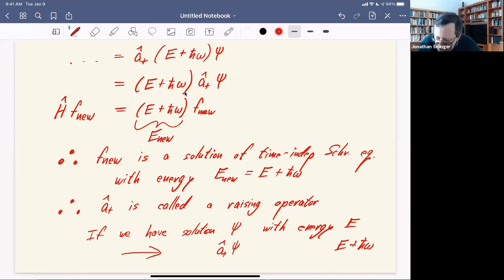Okay, that was pretty nice. What do you suppose A minus does to the energy?